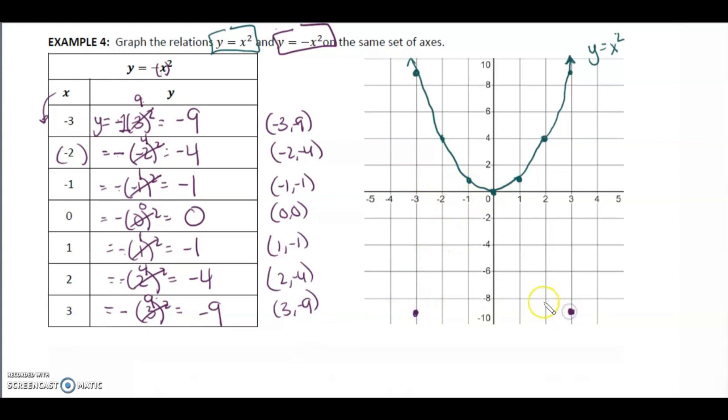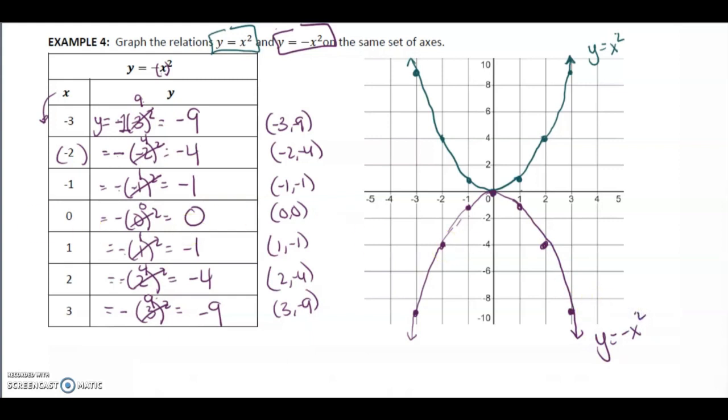Those are symmetric. -2, -4, and 2, -4 is here. -1, -1, 1, -1, and then 0, 0. Okay, so here is y equals -x squared.